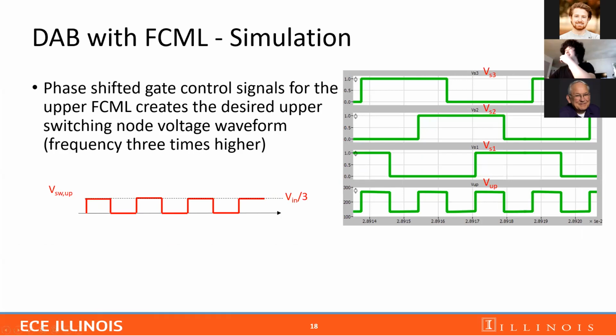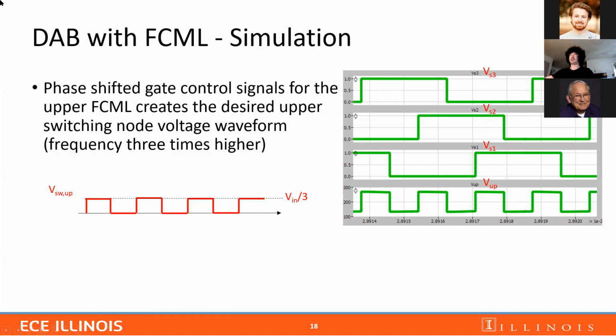Then we look at the voltage output from the individual XMLs. We are operating the switches with a phase-shifted PWM scheme, and the control signals are the top three waveforms. The bottom one is the output from the individual XMLs.